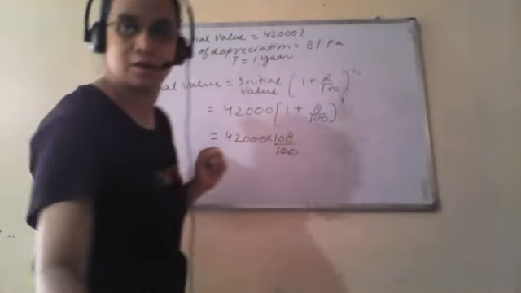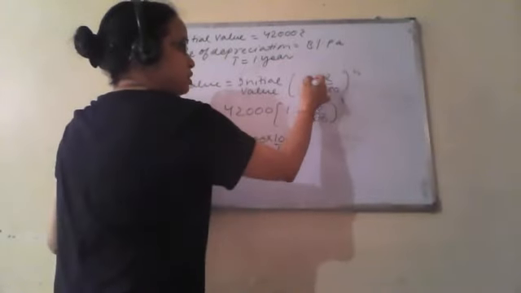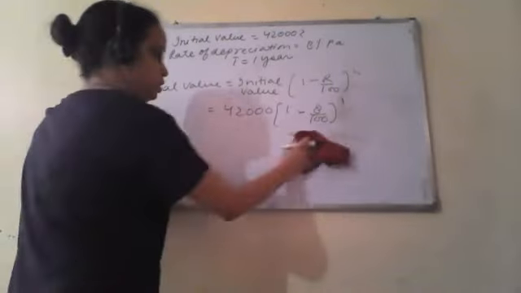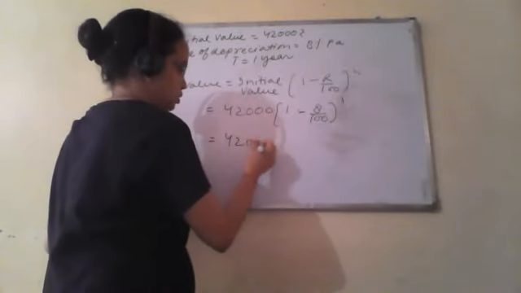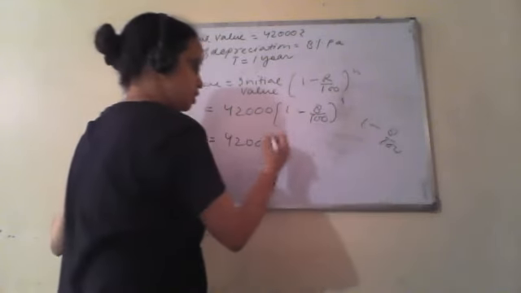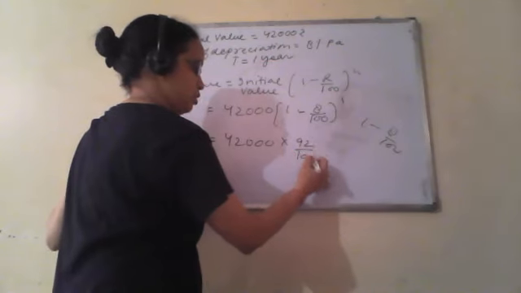Sorry, this will be minus because the value is decreasing. So in this case it will be 1 minus 8 upon 100, which comes out to be 92 upon 100.